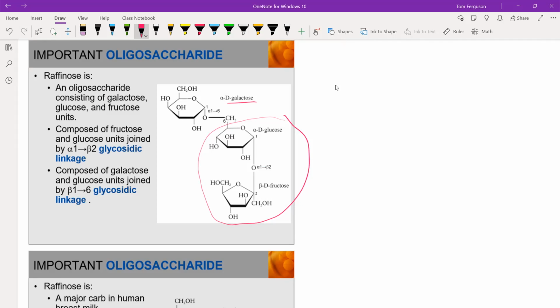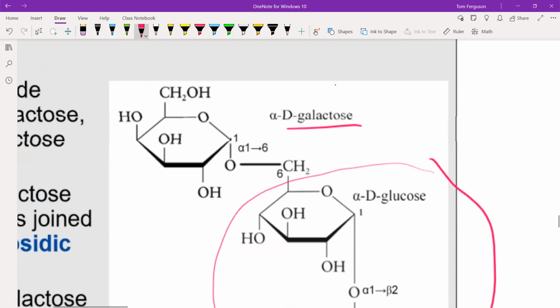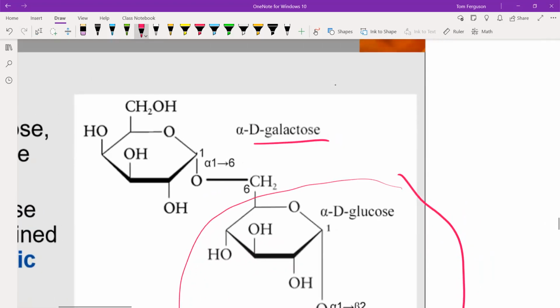Let's look at its linkage. All right, so this is the anomeric carbon on that galactose. This carbon number 6 here on the glucose, carbon number 6 is free swinging. It's neither up, down, it's just free to rotate. It's a single bond here.